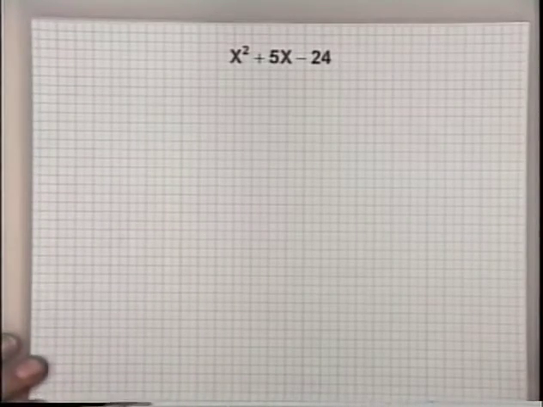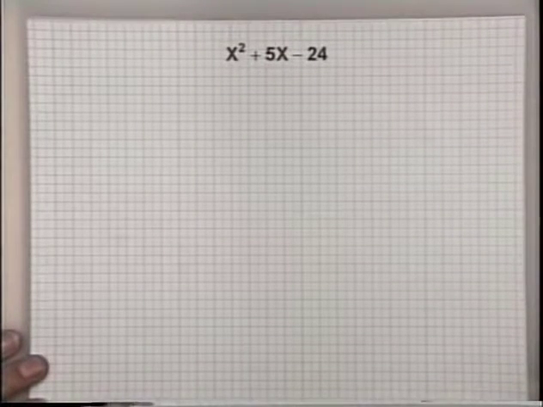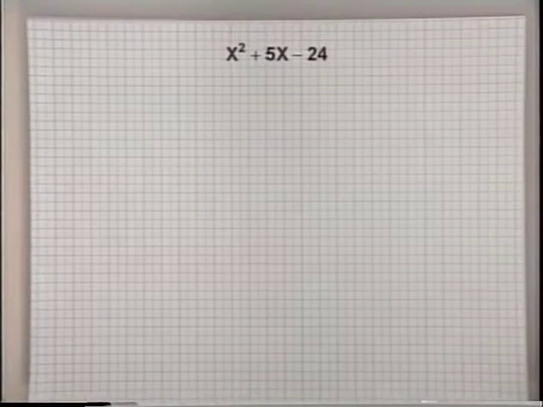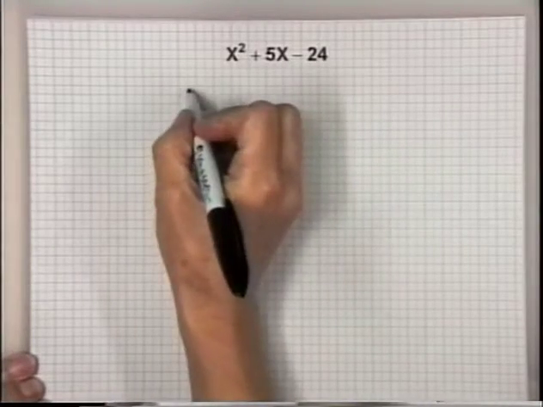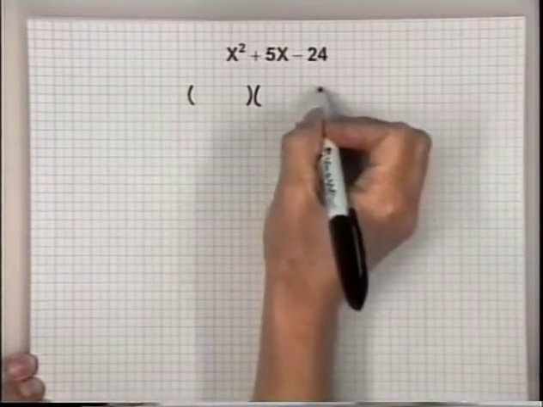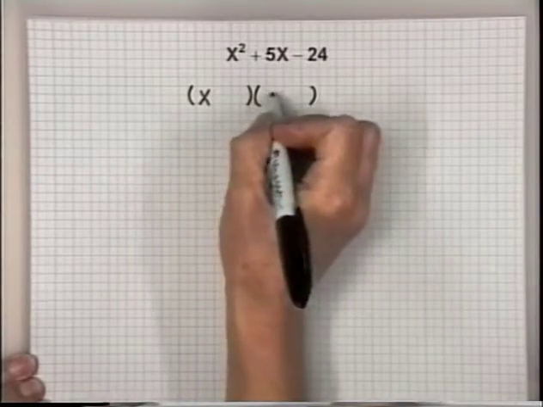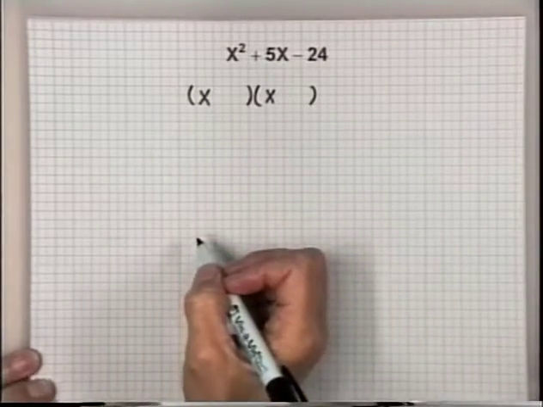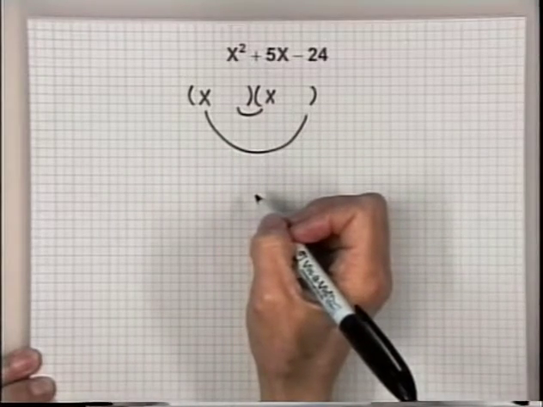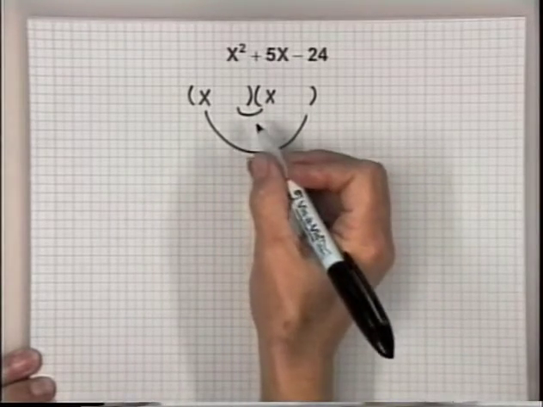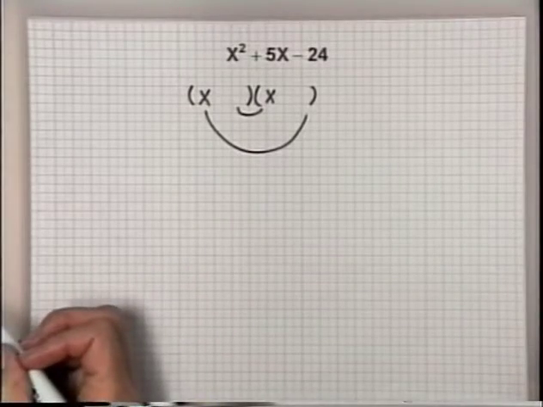X squared plus 5x minus 24 does not have a common factor. Since your third term is negative here, you will have opposite signs in these factors. Your first terms, again, are x times x. Our outside and inside product here will have opposite signs, so we will be finding a difference to come up with our 5x.